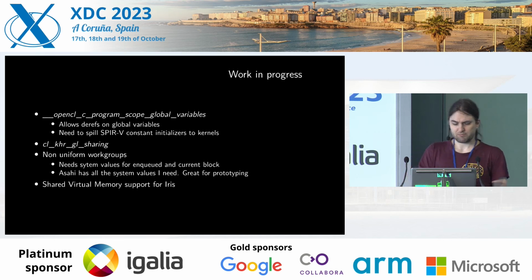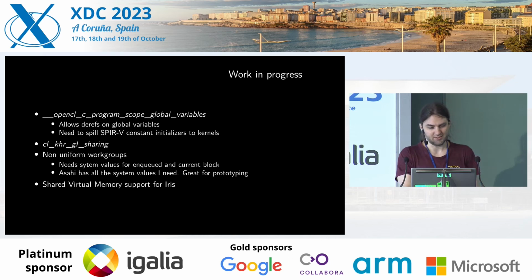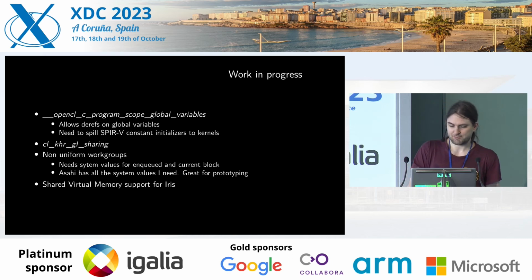There's also other work in progress I want to fix, and one of the most annoying features is program scope global variables, where you basically have persistent memory between all your compute kernels inside the SPIR-V.